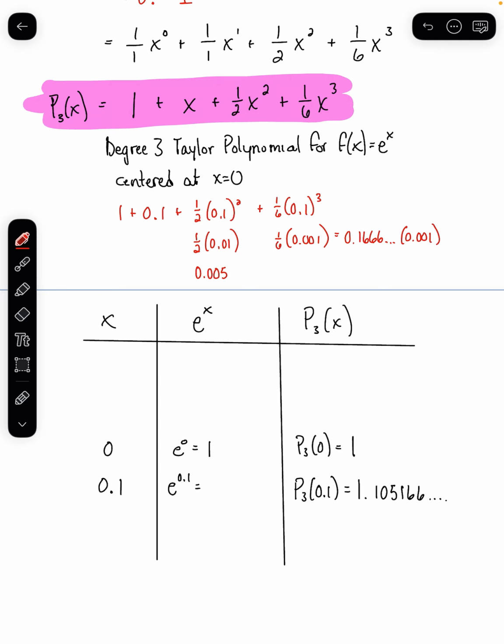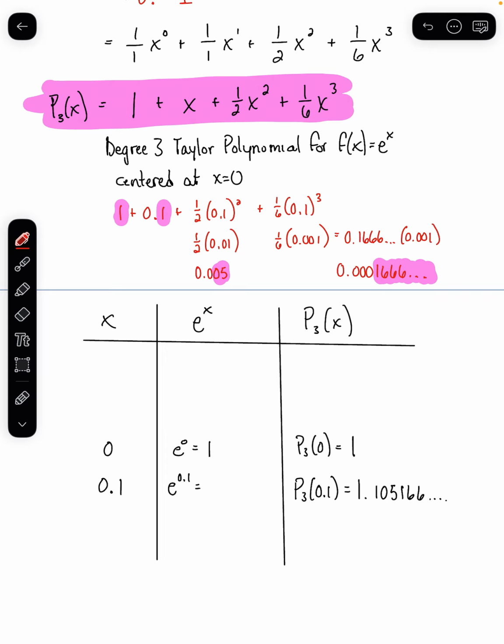And all multiplying by 0.001 is going to do is move the decimal point 3 spaces. So here we have our ones place, our tenths place, our hundredths and thousandths place, and then for our 4th decimal place and onward, we have those. This is not all that hard to come up with by hand.